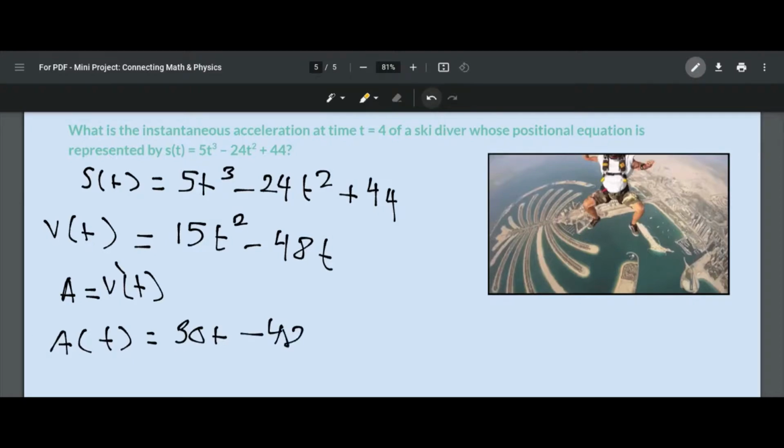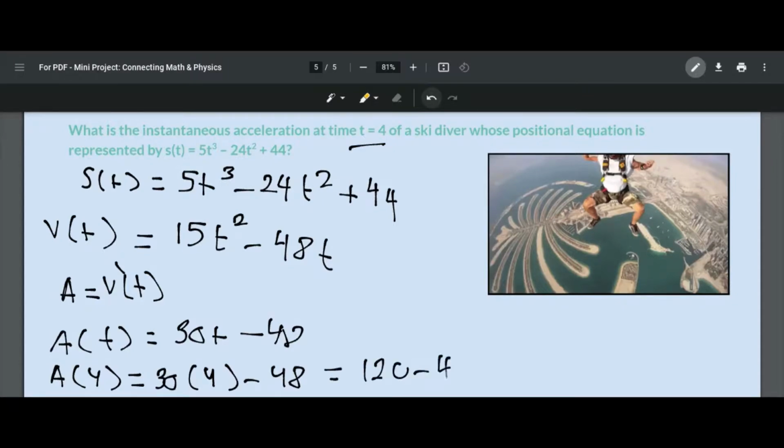And we want where t equals 4, so we will substitute t with 4. So a of 4 equals 30 times 4 minus 48, which equals 120 minus 48, which is 72 meters per second squared. And that's it.